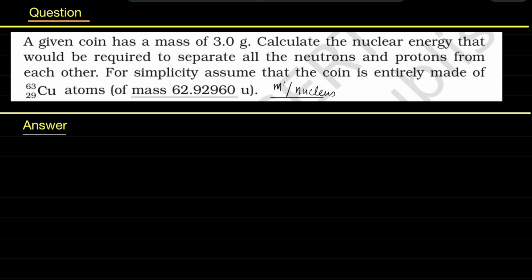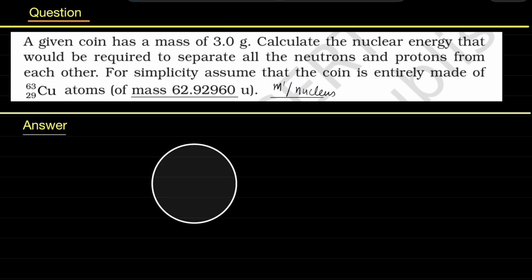Now let's look into the question. In the question it is given that we have a coin and its total mass is 3 gram. That's given in the question. And inside this coin there are copper atoms present. We don't know the number of copper atoms, but only copper atoms are present.